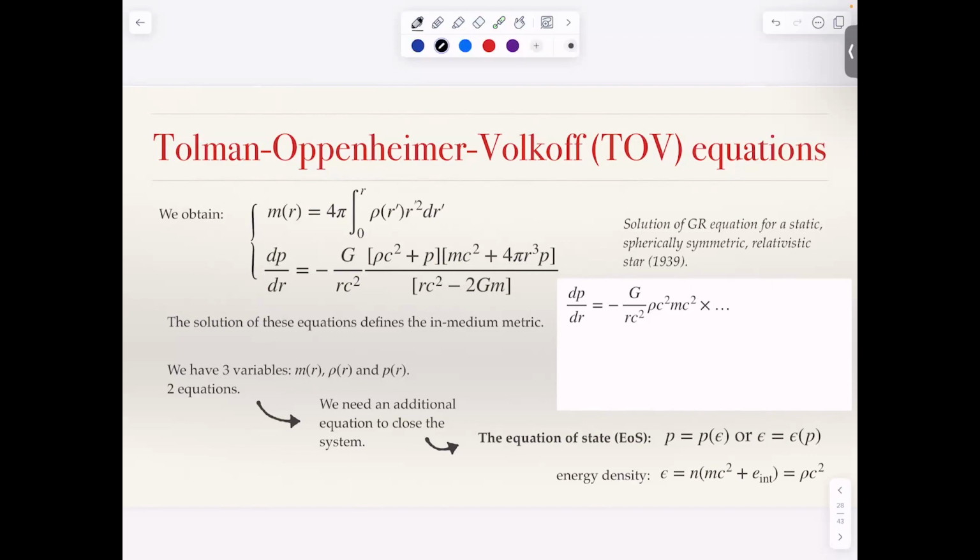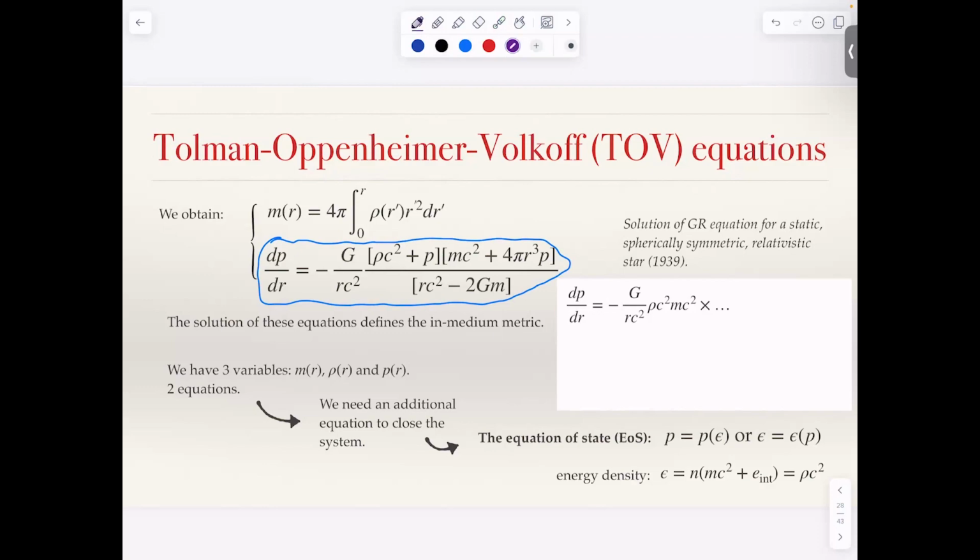Let me just do a simple exercise. We start, for instance, from this equation, which looks very ugly, but let me factorize some terms.